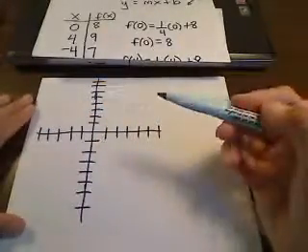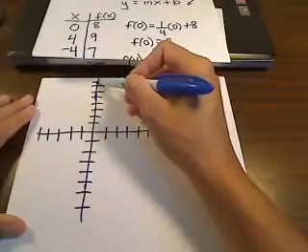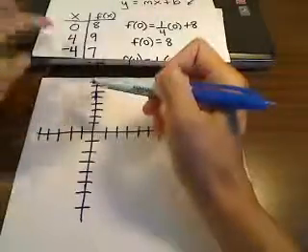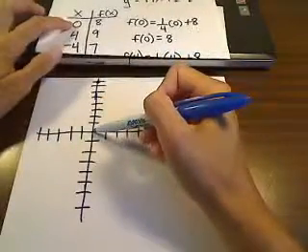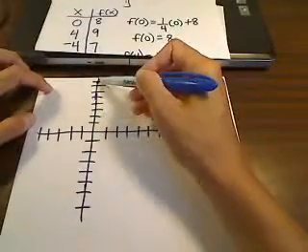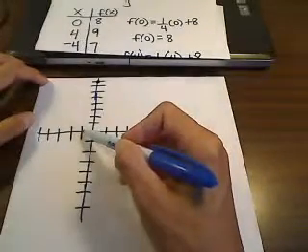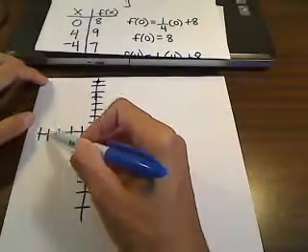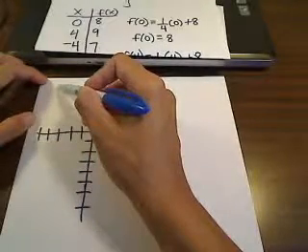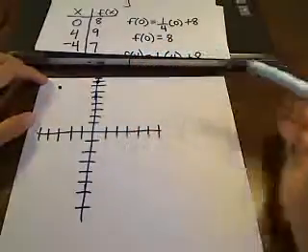If I plot the point 0, 8, I'm all the way up here. 0, 8 is going nowhere for x, and then up 8 for y. So I count up 8 hash marks, and it puts me right there. Negative 4, 7: if I go over negative 4 for the x and then up 7 for the y, it's going to put me right about here. And then I'm kind of off my graph here.